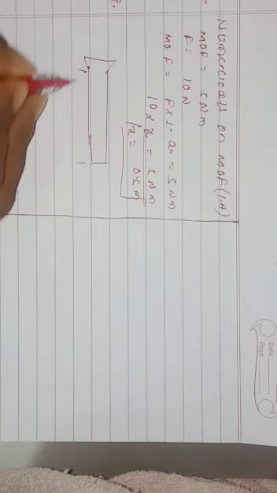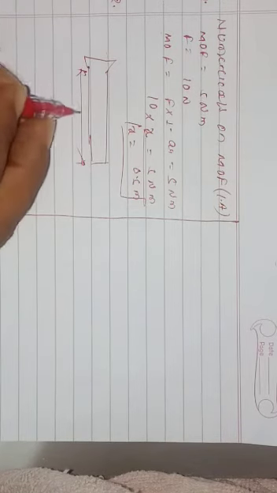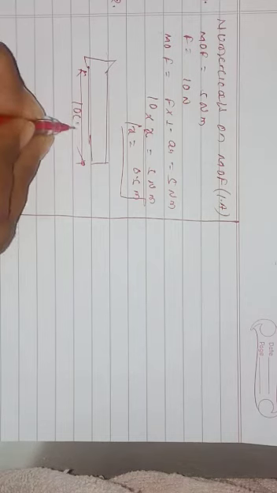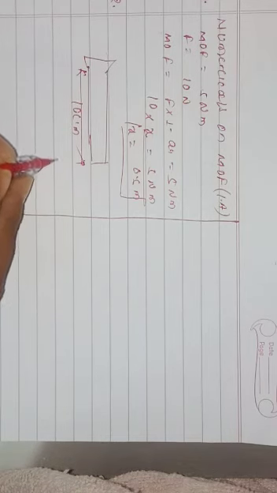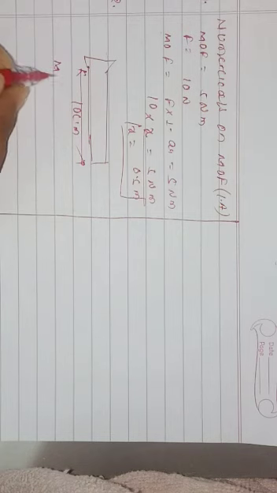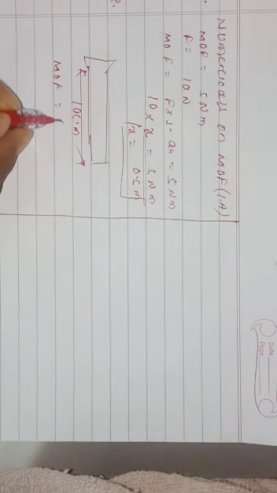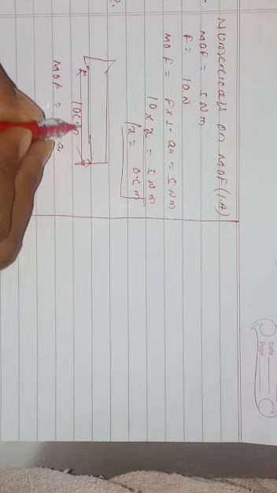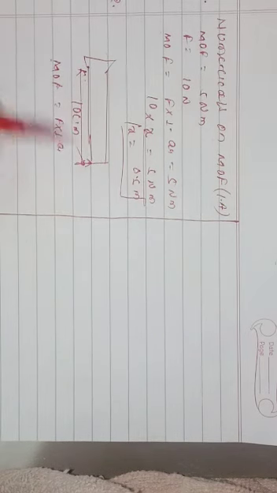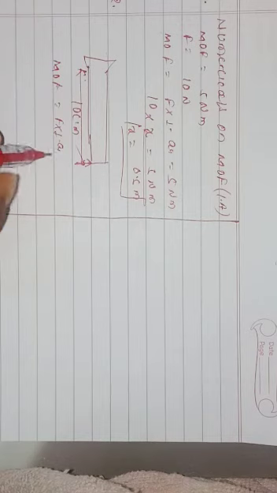The length of this wrench is given as 10 centimeter. What else is given? The least force. Where should we apply the least force? Moment of force is nothing but force into perpendicular distance, so the least force should be applied at the maximum distance. The force is 5 Newton.